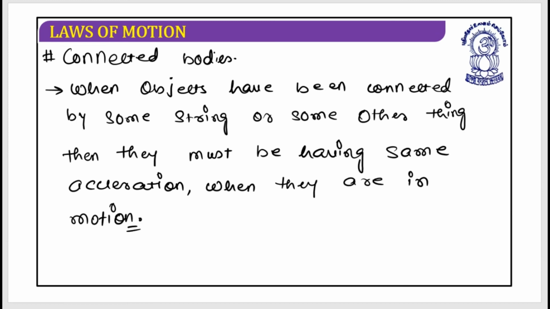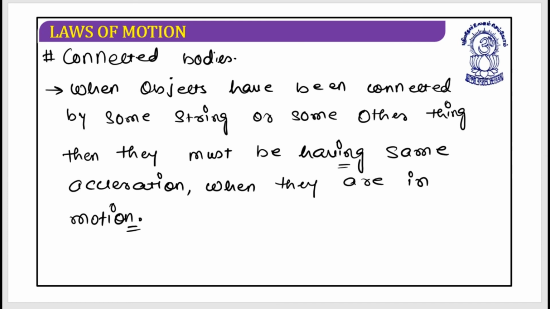Yes, this you must understand, that when any objects are considered as connected bodies and they are supposed to be moving, why? Because a certain amount of force is acting on that system, so they have the same acceleration, every body.